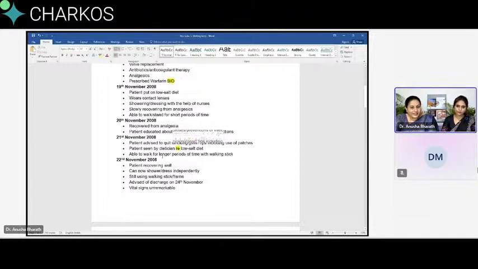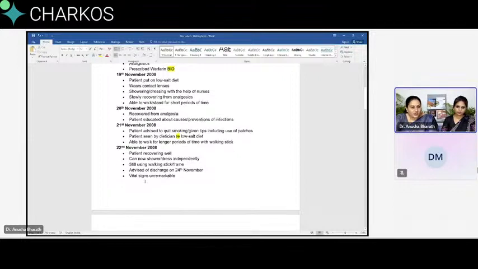Low salt diet, able to walk for longer periods of time with walking stick. 22nd November 2008, patient recovering well, can now shower, dress independently. Still using walking stick, frame. Advised of discharge on 24th November.